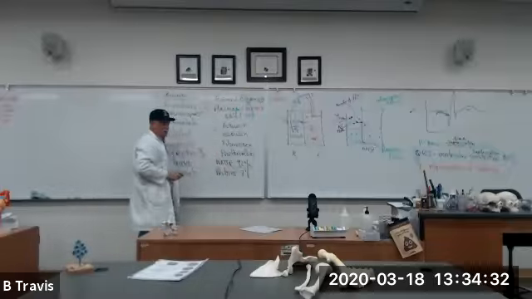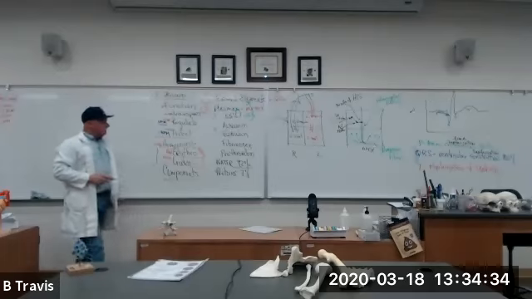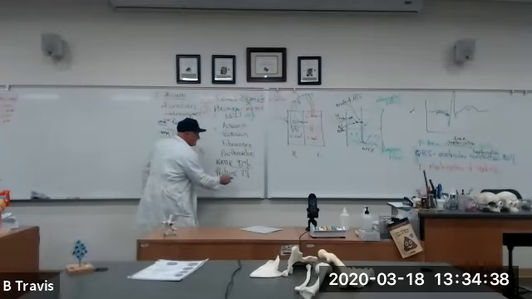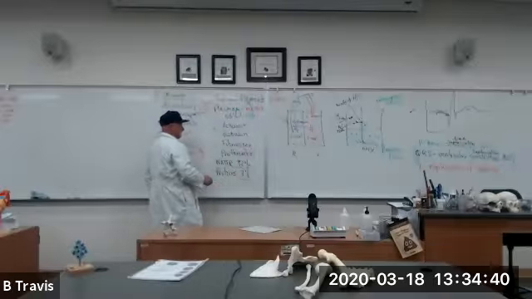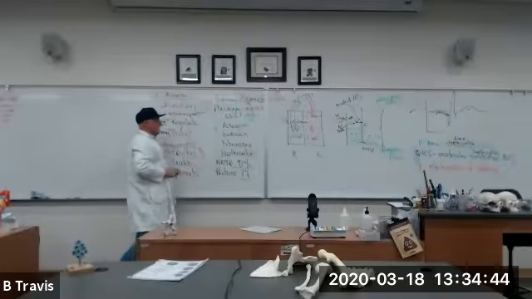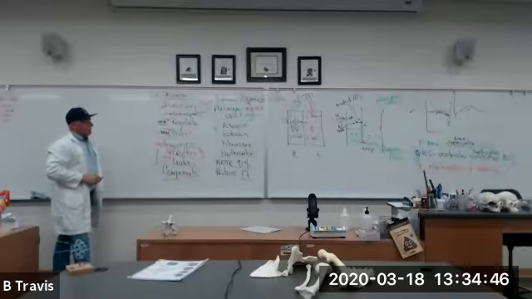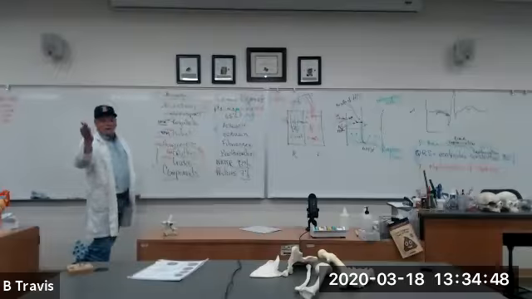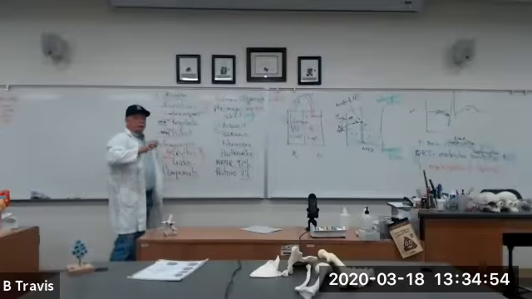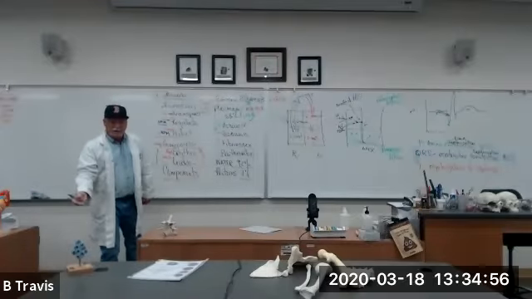92% of plasma is water. 7% is proteins. And the major proteins I've just outlined right there. Albumin, the white of a chicken egg is albumin. Globulin, that's where we get the proteins for hemoglobin.